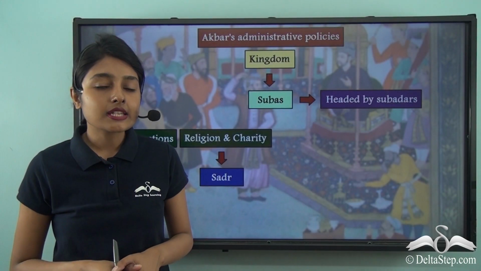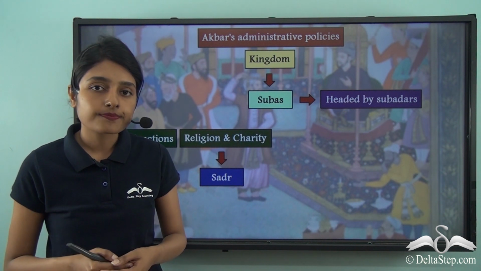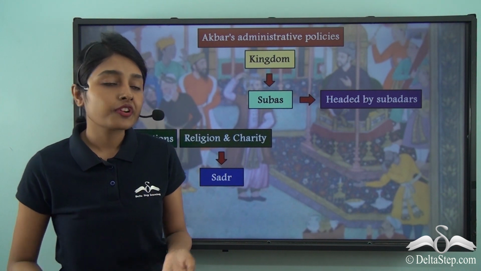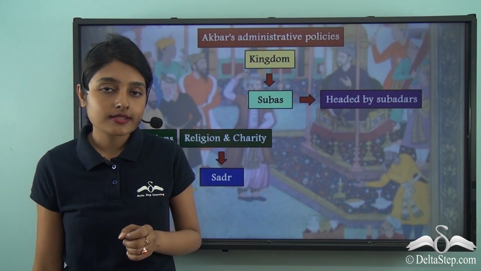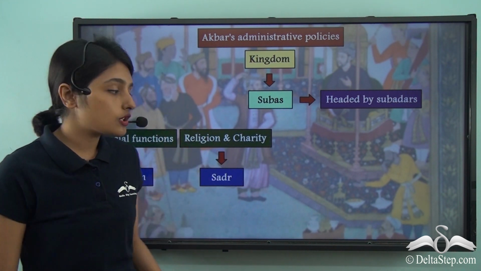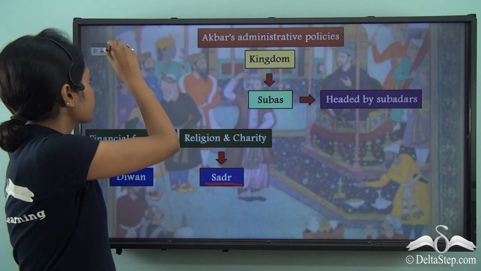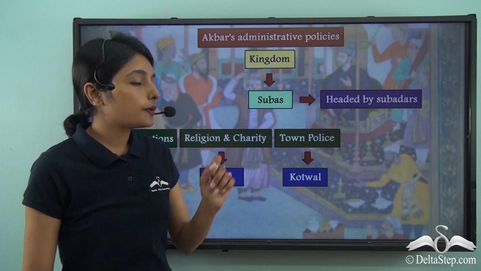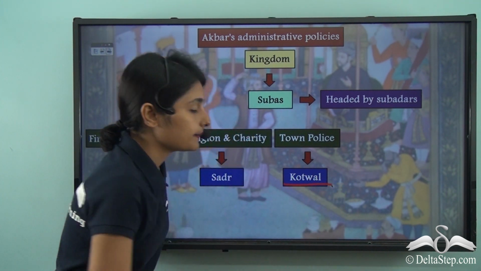At the same time, charity work also happened in these Subas. Well, who took care of these religious affairs and charity work in the Subas? These were under the control of the Sadar. And then the town police in the Subas was called the Kotwal.